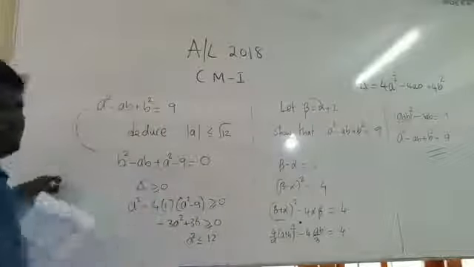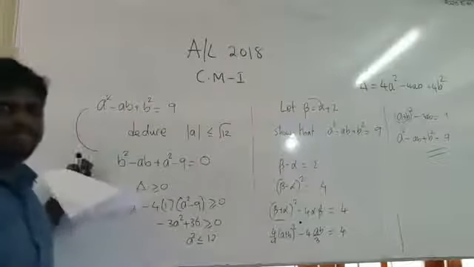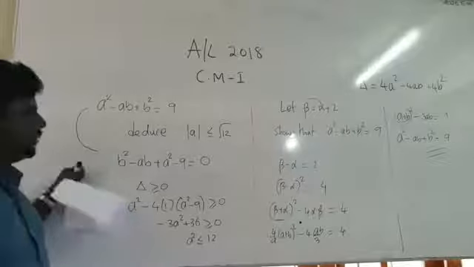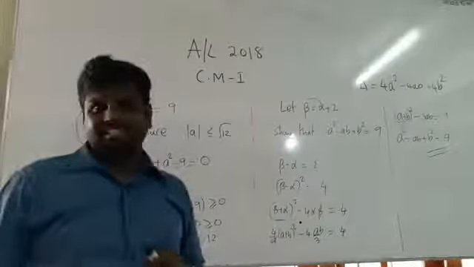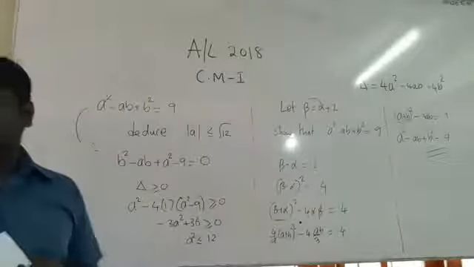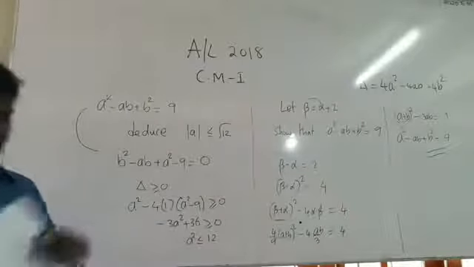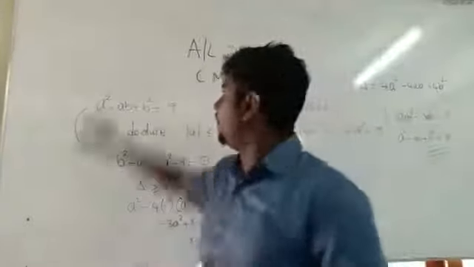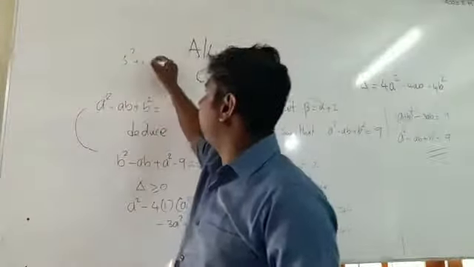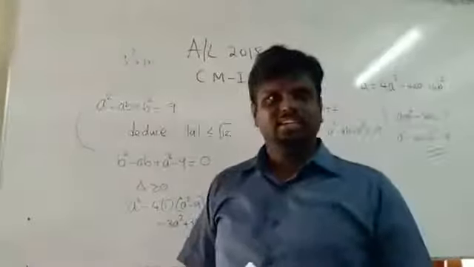If you do that, I won't accept it. Sometimes it may be acceptable. My argument is that A and B are not variables. X is the variable, so how can you form a quadratic equation in the constants? Can you write a quadratic equation like 5 square plus 2 into 5? No. It should be a variable.